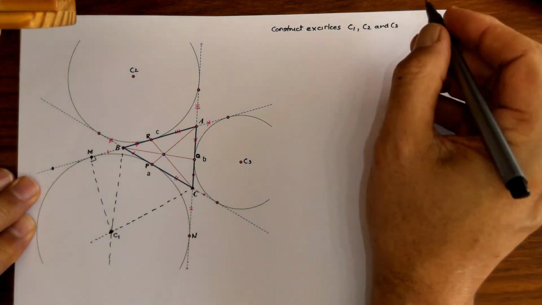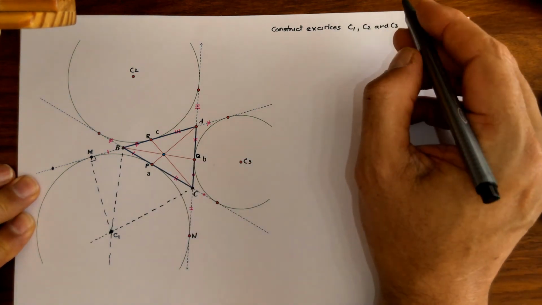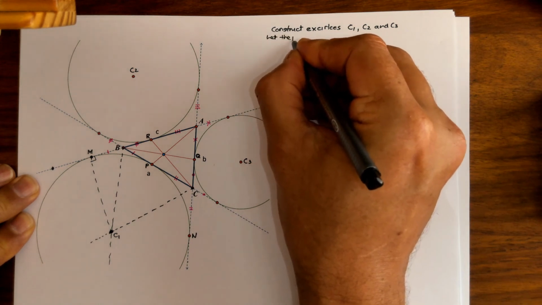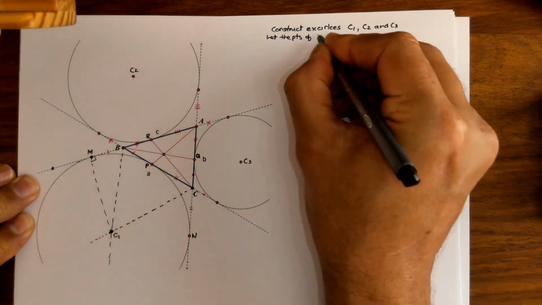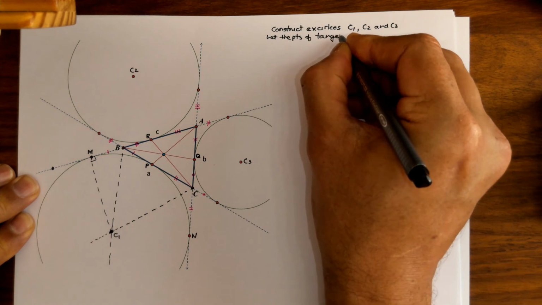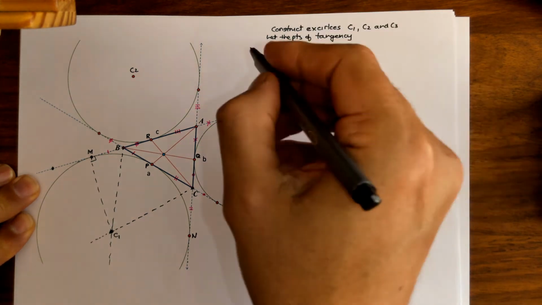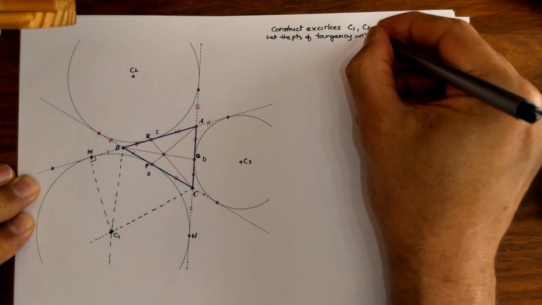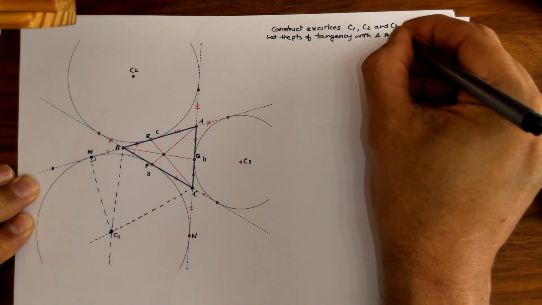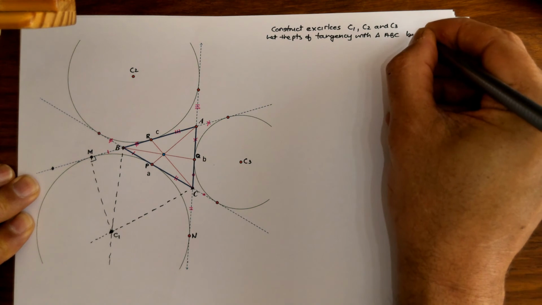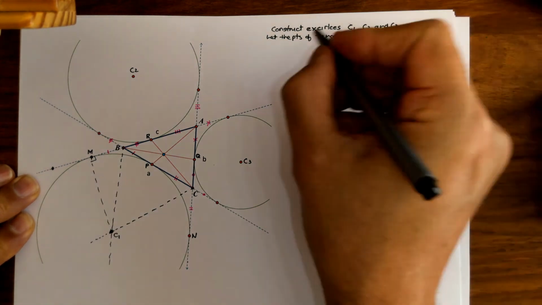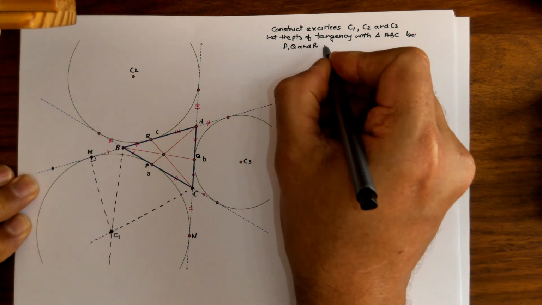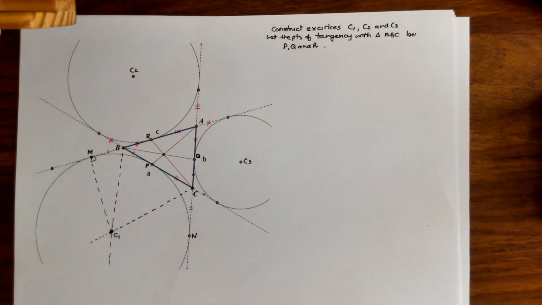Okay, so we construct them and let the points of tangency, so where these E circles touch the triangle ABC, be points P, Q, and R, like it is in the question.